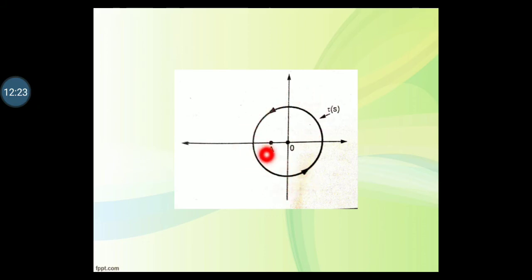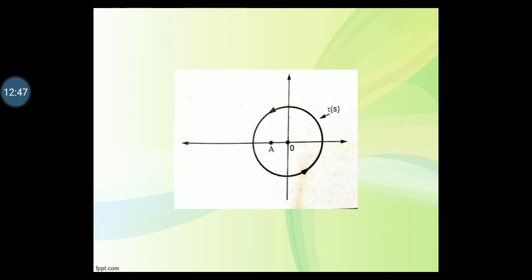How many for point A? Only 1. And it is 1 in the anti-clockwise direction. If it is a complicated case, it is not possible to judge the number of encirclements by just inspection.